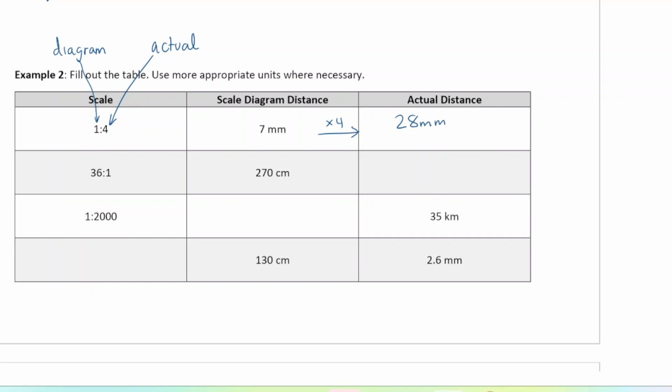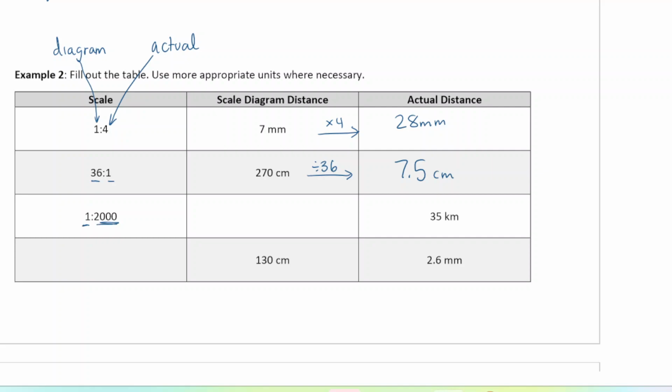Okay, this time the diagram is larger than the actual size. So this time we're going to divide by 36 to get the actual size. 270 divided by 36 is 7.5 centimeters, and that's an appropriate unit. It's reasonable. Okay, this one, the diagram size is much smaller than the actual size.